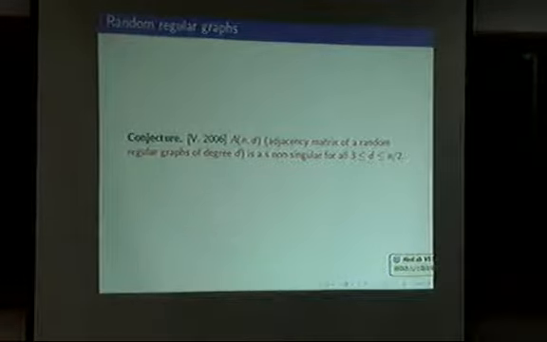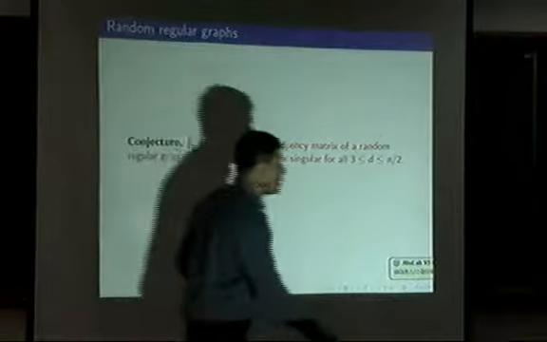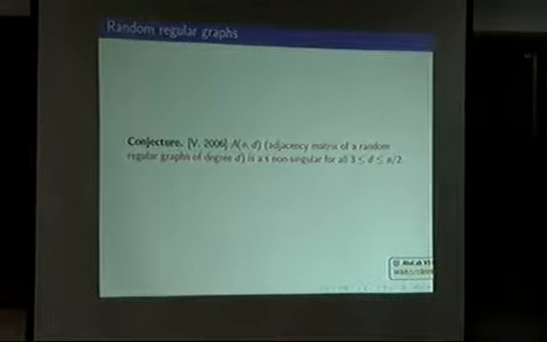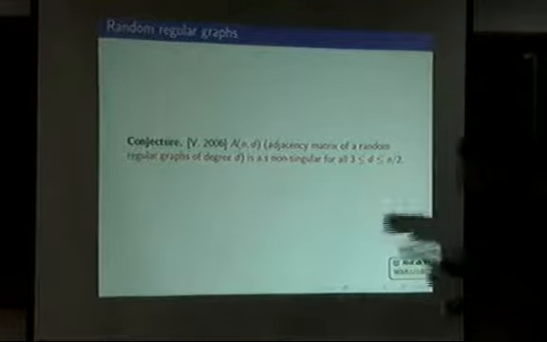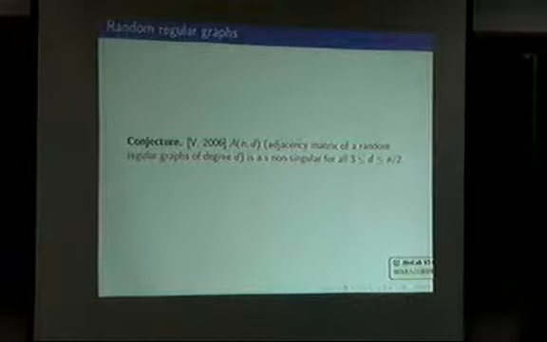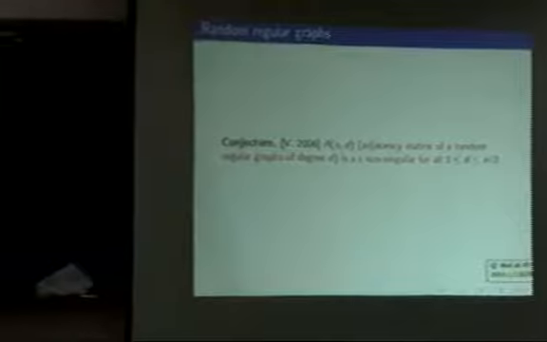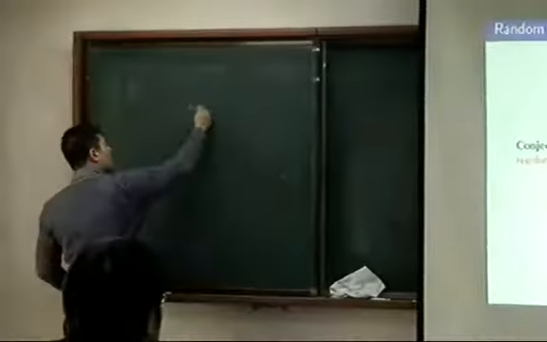Yeah, so here's the conjecture that is a little bit embarrassing to me. We know lots of things about the adjacency matrix of the random graph. There is another model for random graphs called random regular graphs. Random regular graph is something like this: I give you the degree d.